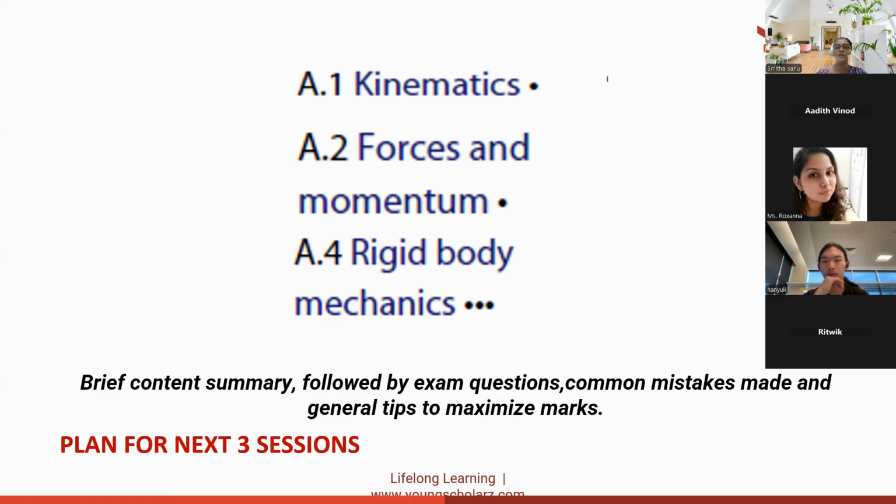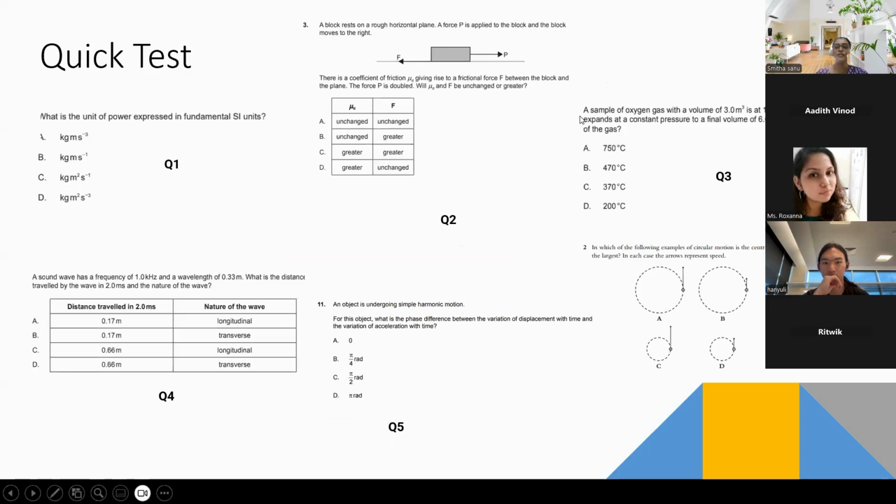Okay. Could we have a quick revision? Probably if there is a response, only then I can have. You can send your options. So what I'm doing right now is I am projecting MCQ questions from various topics. What I expect from you is just give me the options.